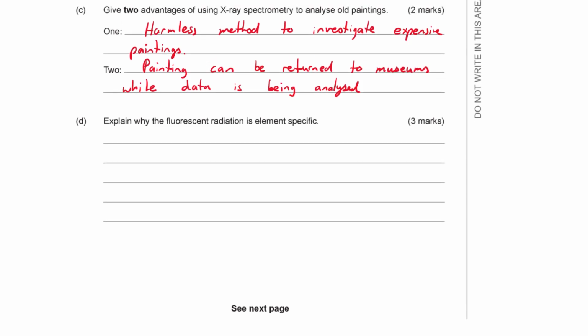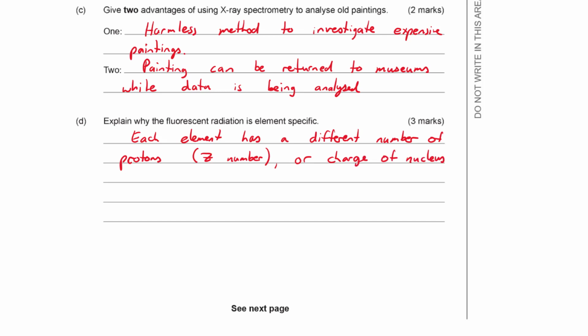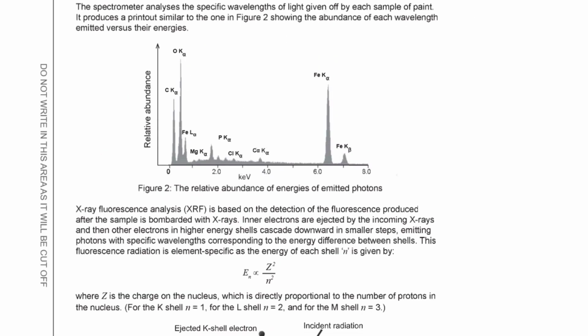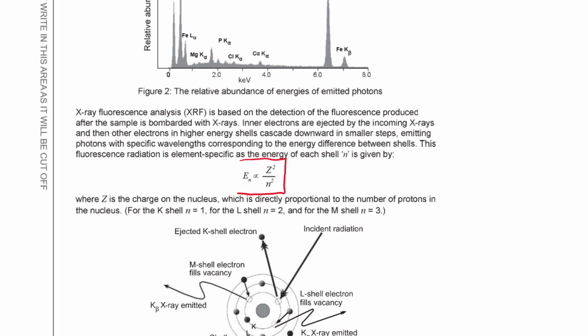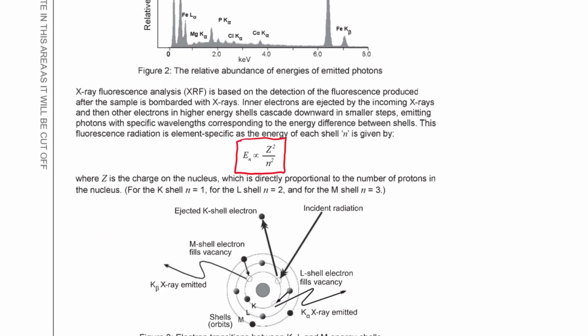So the next one is explain why the fluorescent radiation is element specific. Again, you're looking at the article. You would start off by going, okay, well, each element has a different number of protons, or as the article refers to it, the Z number, which is the charge on the nucleus, right? So what I'm referring to specifically is this here. This is where you get the information just above it and below it.